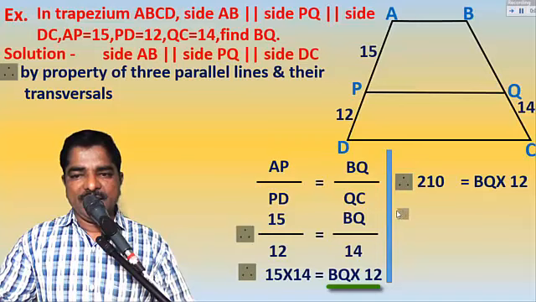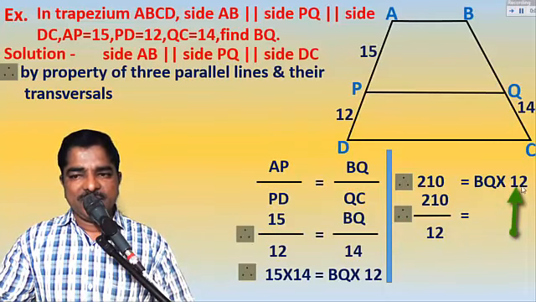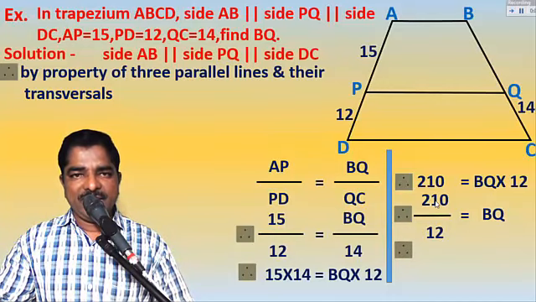Taking 12 to the other side, it becomes division: 210 divided by 12 is equal to BQ.